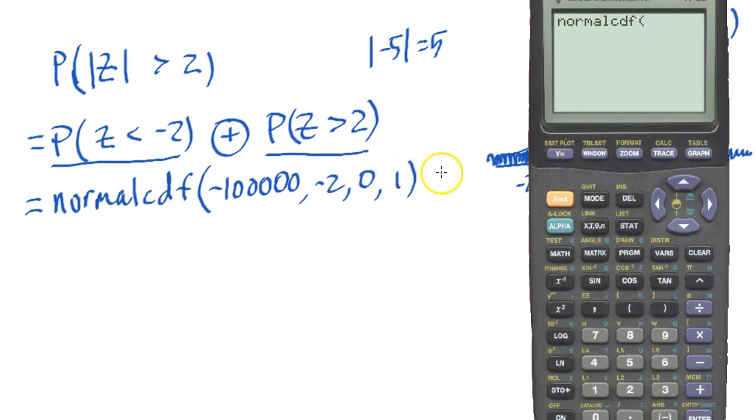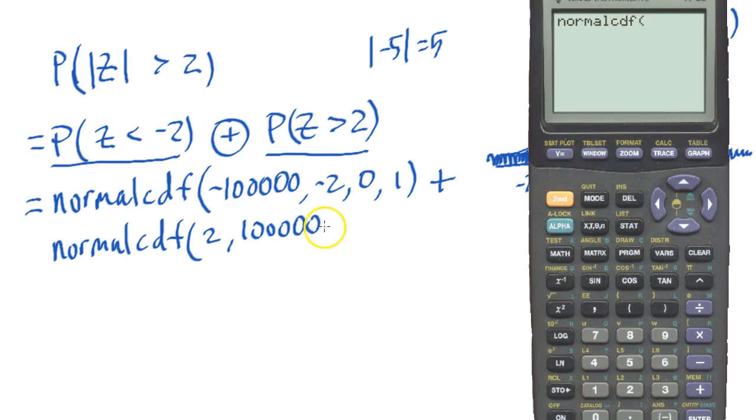Then we'll want to add the same thing, normal CDF. This time we go from 2 up forever, since it's greater than 2. So the lower bound is 2, and then we go up to some really large number, then mean 0, standard deviation 1. Hopefully that makes sense. I'm going to enter this to see what we get.